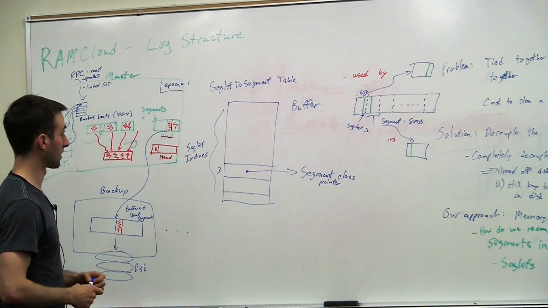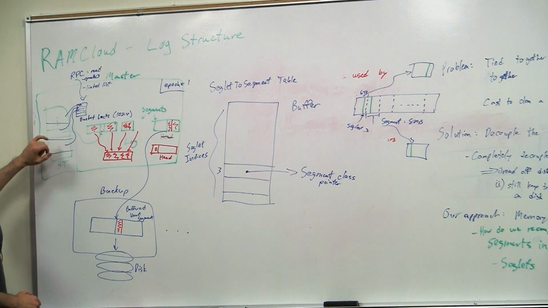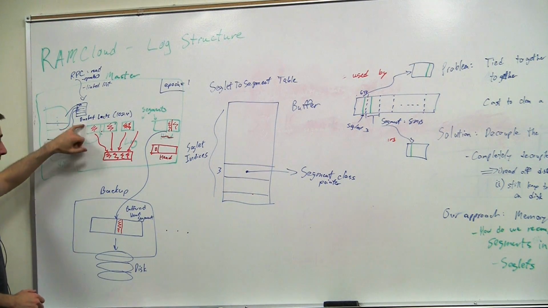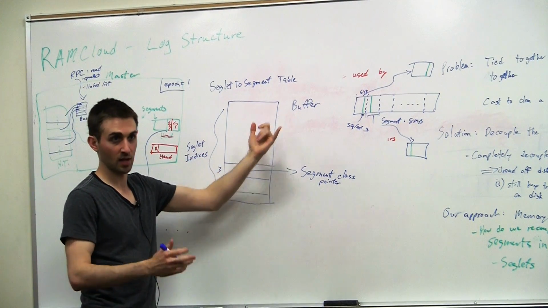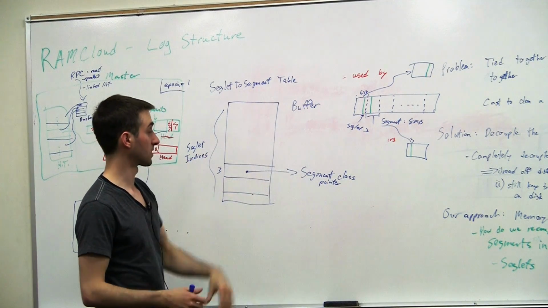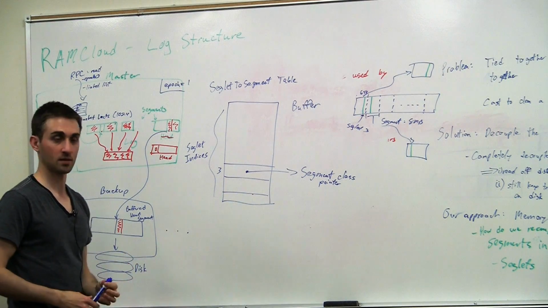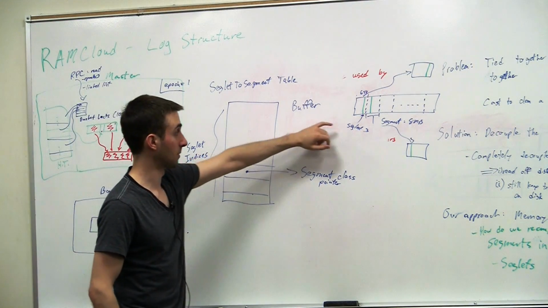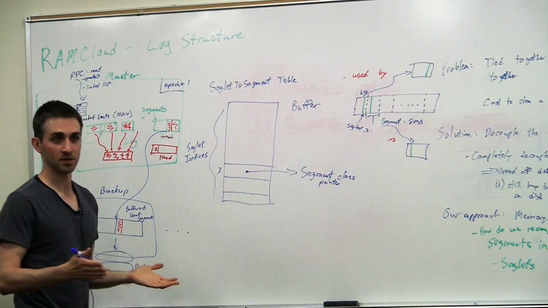So when you read an object, you get a pointer into the log, and you have a way of converting that pointer into a buffer. Most of the time, that buffer contains just one pointer inside of it. Sometimes it contains multiple pointers, but everything's hidden under the interface. Right now, if you access an object that spans multiple seglets, it will copy it to some other area of memory.